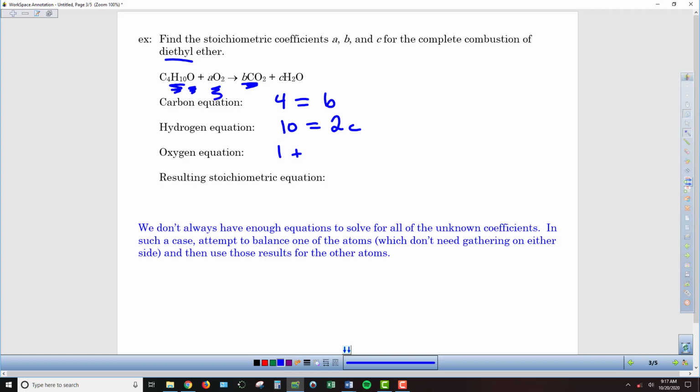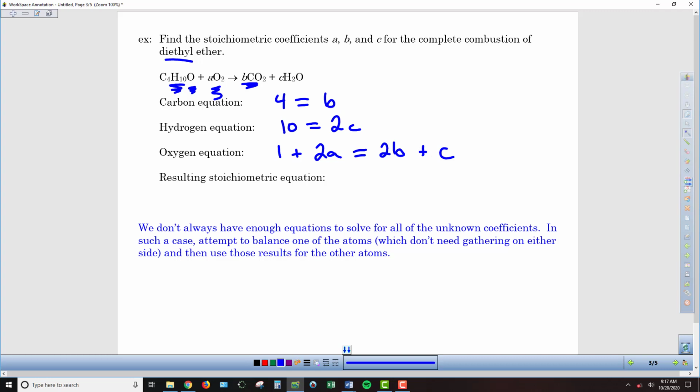And then for oxygen, we have on the left-hand side the 1 from the diethyl ether, plus we've got the oxygen that we're combusting in, so 2A equals, and then on the other side, again, we've got oxygen present in both compounds, so we're going to have 2 times B from the carbon dioxide, plus just C from the water.